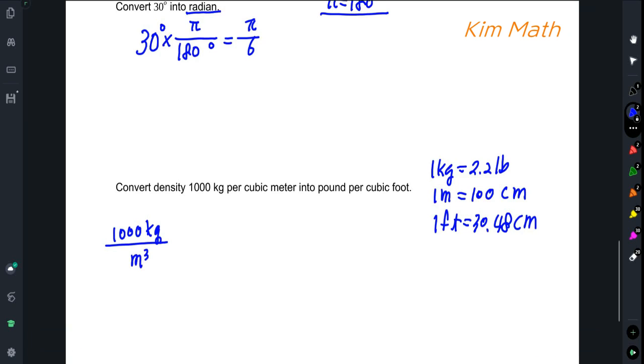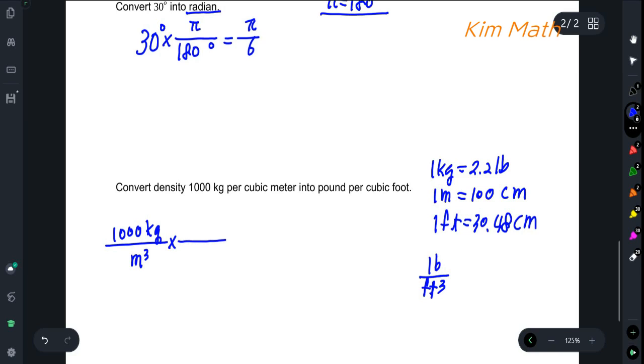And our final answer must have pounds per cubic feet. Okay, one by one. Multiply. I don't need kilogram because I need to convert kilogram into pound, right? So we must place the kilogram in the bottom to be cancelled out, right?